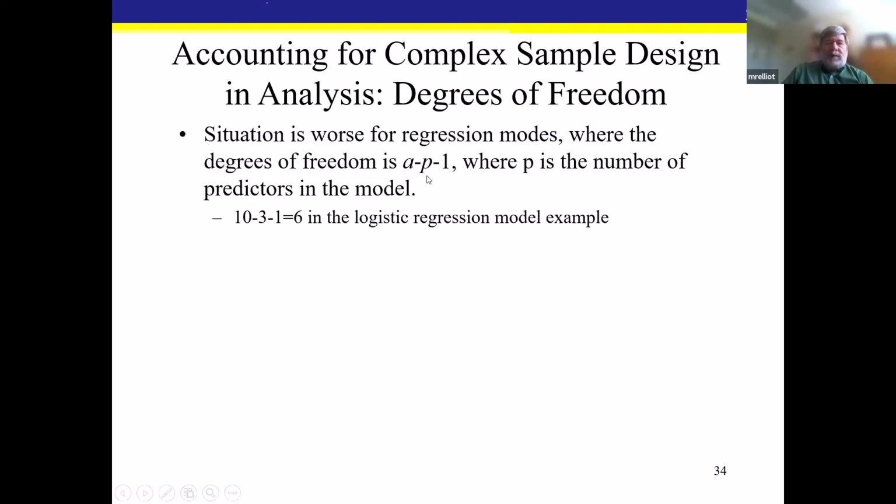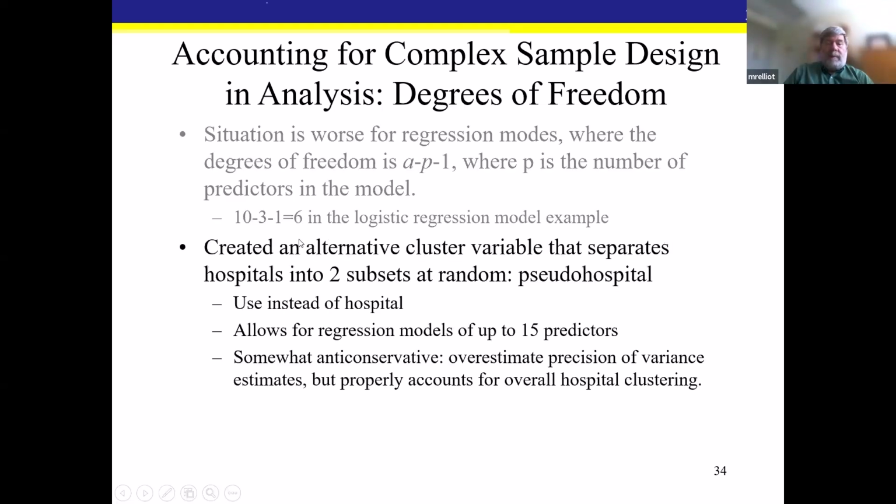So the situation gets worse for regression models, where the degrees of freedom now becomes a minus p minus 1, where p is the number of predictors in the model. So in the logistic regression example, I actually only had 6 degrees of freedom. So I've created an alternative cluster variable that separates the hospitals into two subsets at random. It's called pseudo hospital. You can use this instead of hospital. It allows for regression models of up to 15 predictors.